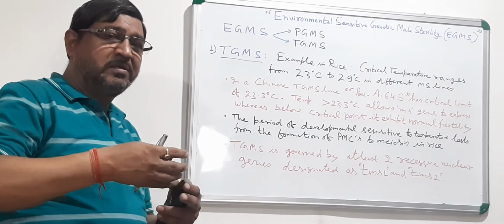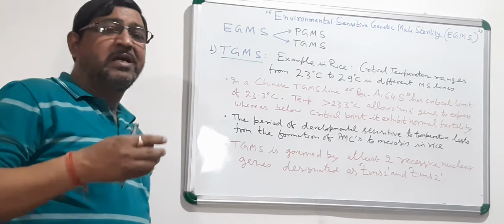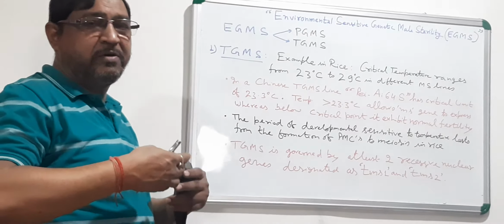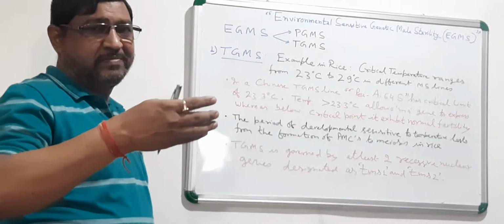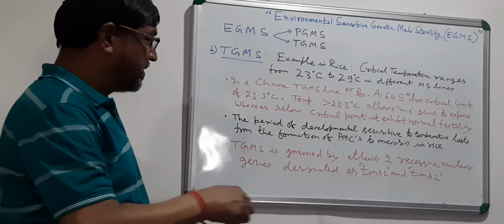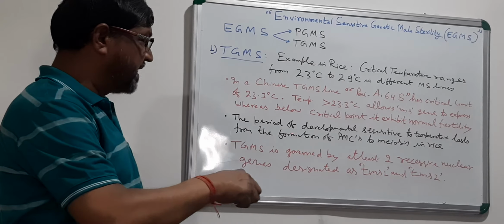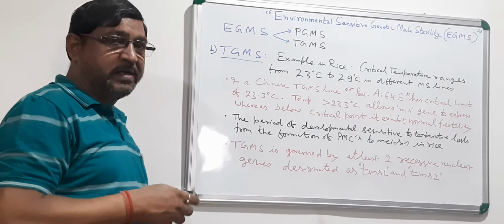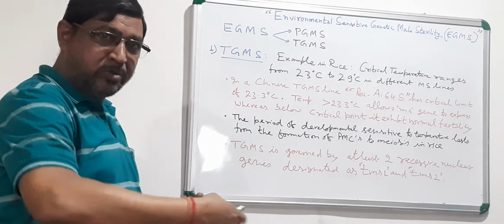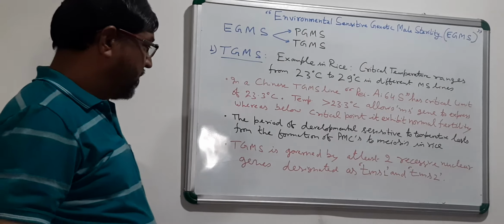Of course, just before the start of flowering, and for consecutive 30 days you have to provide it during flowering time. So the practical use is that you have to provide this temperature during this period, this whole flowering time.